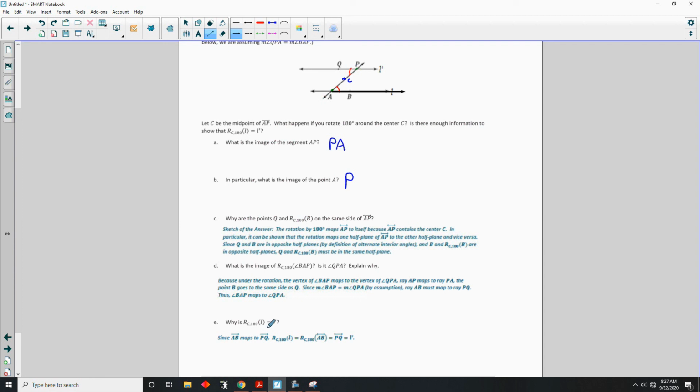Since ray AB maps to PQ, in other words, if I rotated AB 180 degrees, it would become this. So it says, since ray AB maps to ray PQ, a rotation centered at C, 180 degrees, of line L equals a rotation centered at C, 180 degrees, of line AB, which equals line PQ, which equals L prime.